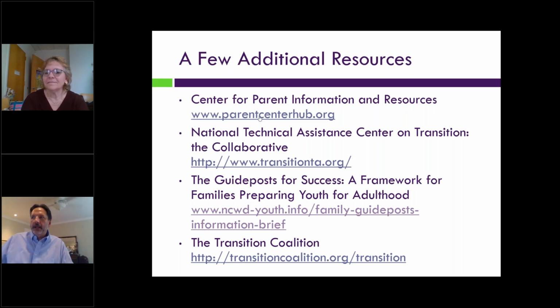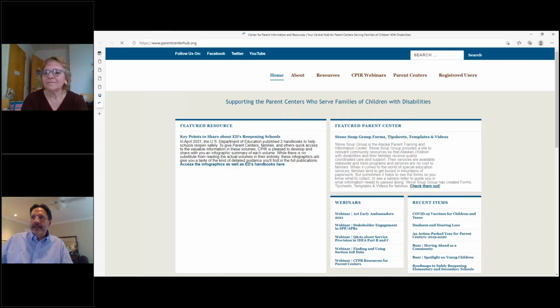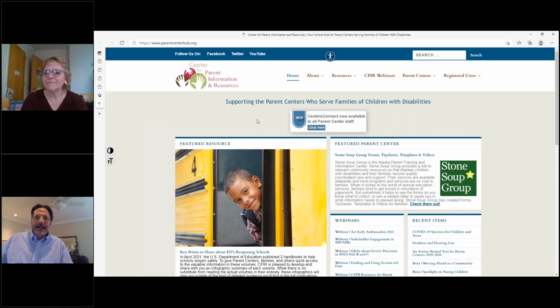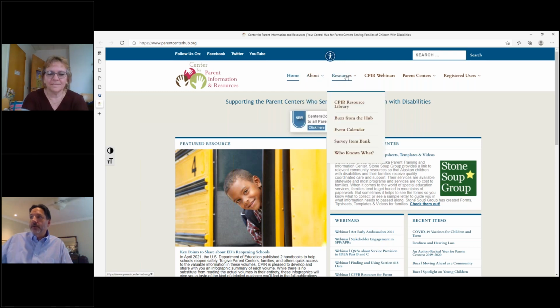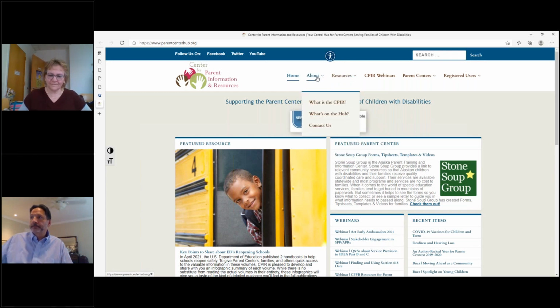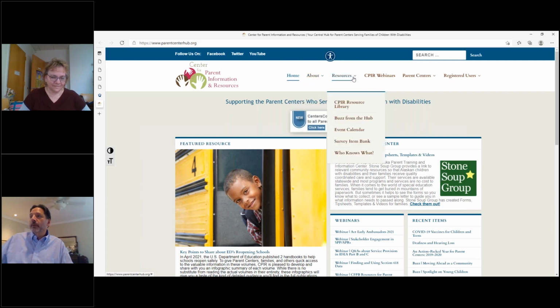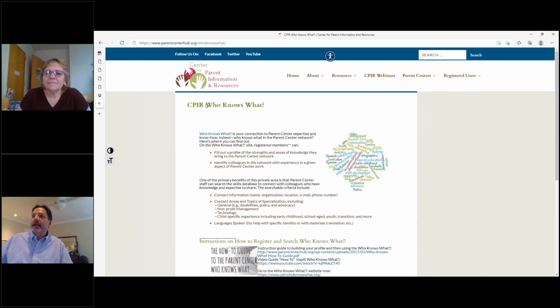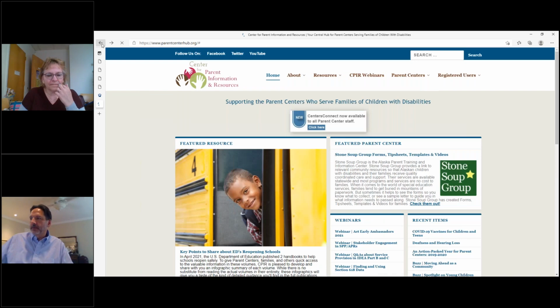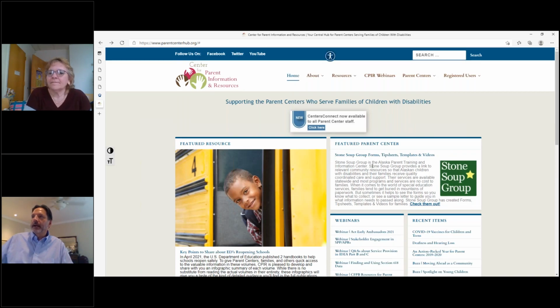If you go to the parenthub.org center, the National Parent Resource Center, and go to the resources section, it will take you to a ton of resources around not only secondary transition, but on other supports for students with disabilities. So again, the Parent Center Hub.